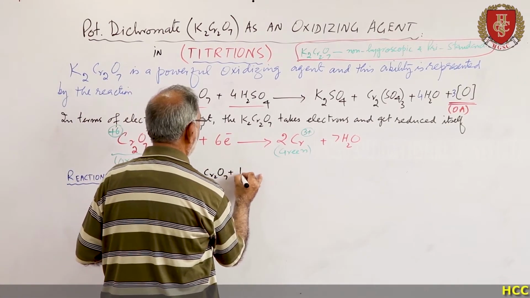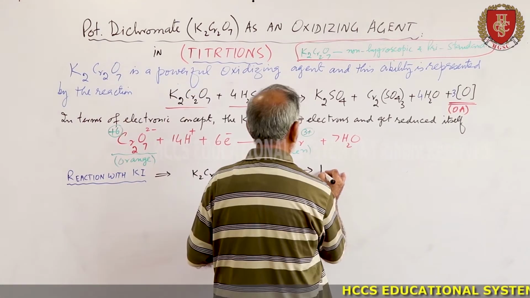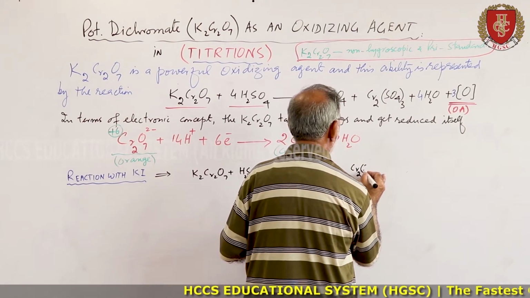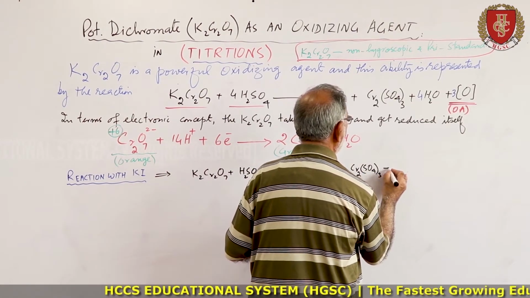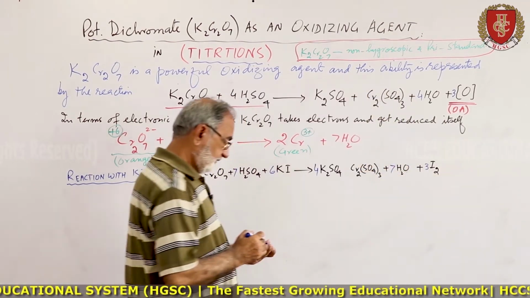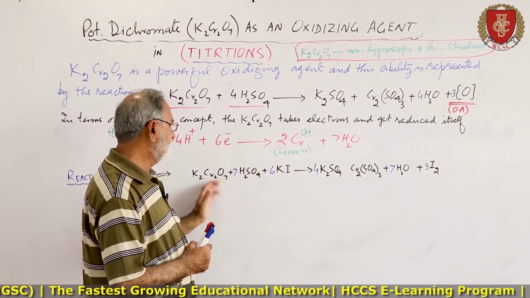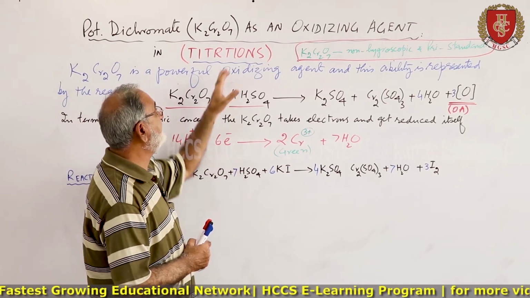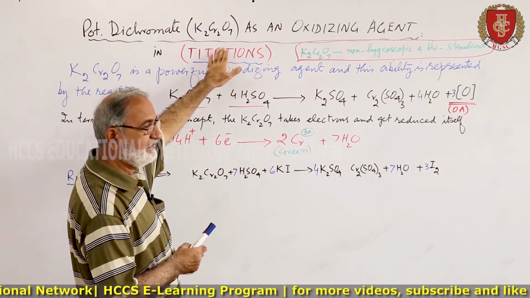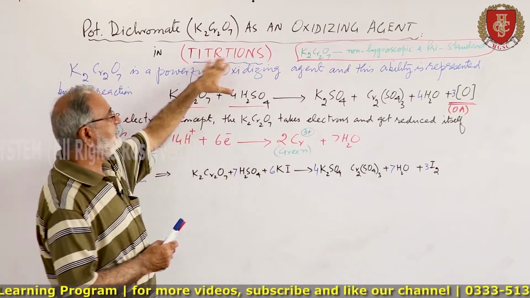Now, the reaction with potassium iodide: K2Cr2O7 plus H2SO4 plus KI gives K2SO4, Cr2(SO4)3 plus water plus I2. This is the redox reaction showing how we can utilize the power of potassium dichromate as an oxidizing agent, especially in titration.